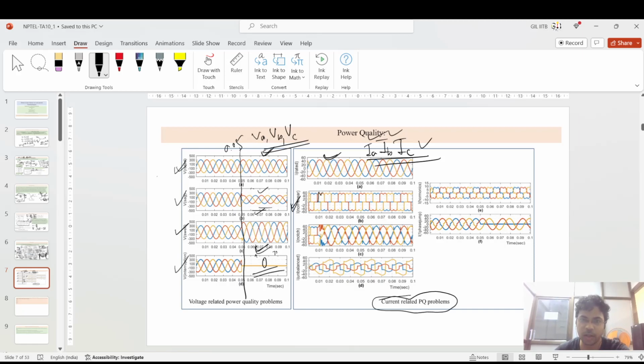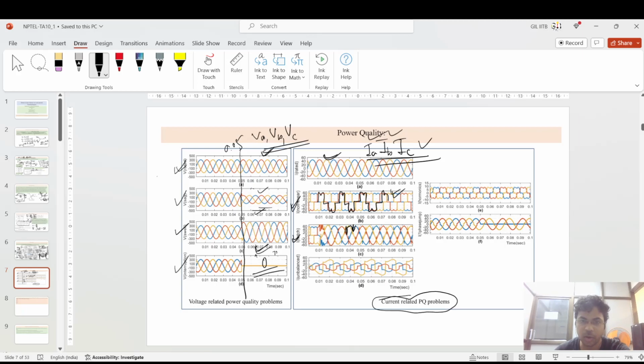But what happens with non-linear loads? This is not a sinusoidal waveform, and if it is not sinusoidal and it is periodic, it can be represented in terms of a number of harmonics in sinusoidal components. So this type of waveform injects a lot of harmonics into the system.